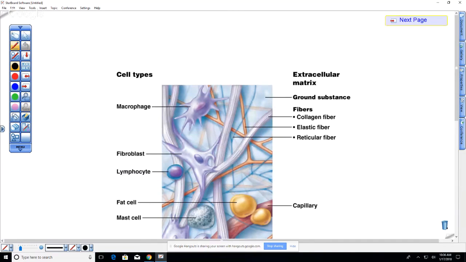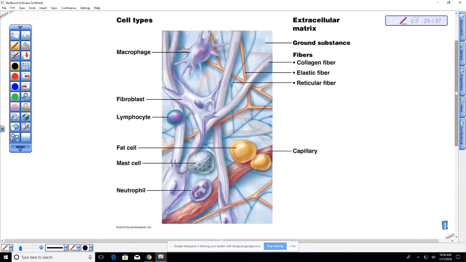So this is an example. This is just a typical type of connective tissue. The most common type of connective tissue in your body is the kind that just connects one tissue to another. So example would be the skin, and all of your epithelial tissue has a very specific type of loose connective tissue that resides underneath and connects it to the rest.